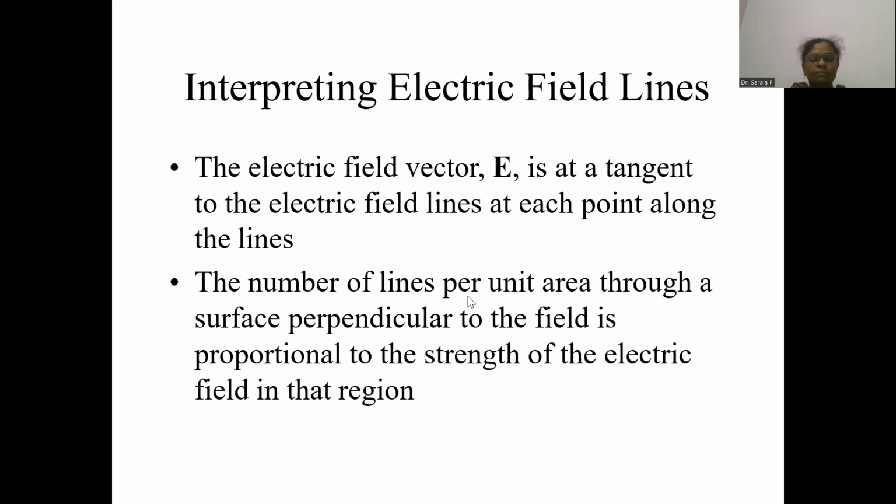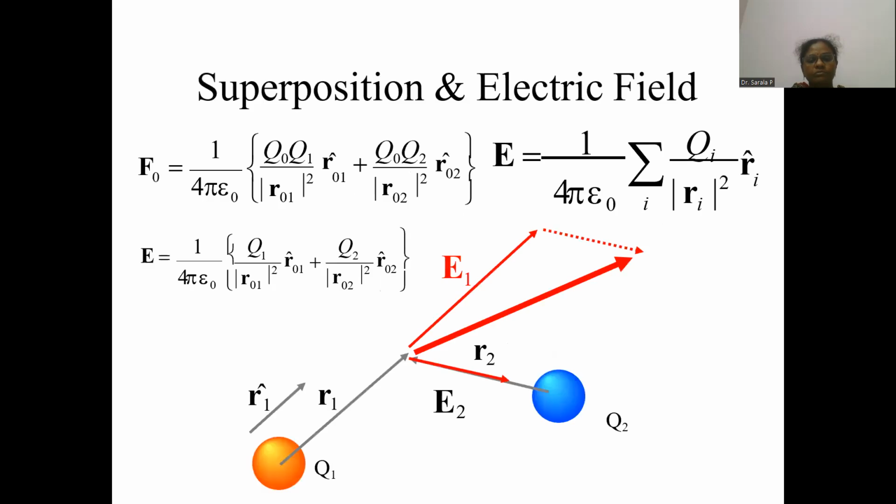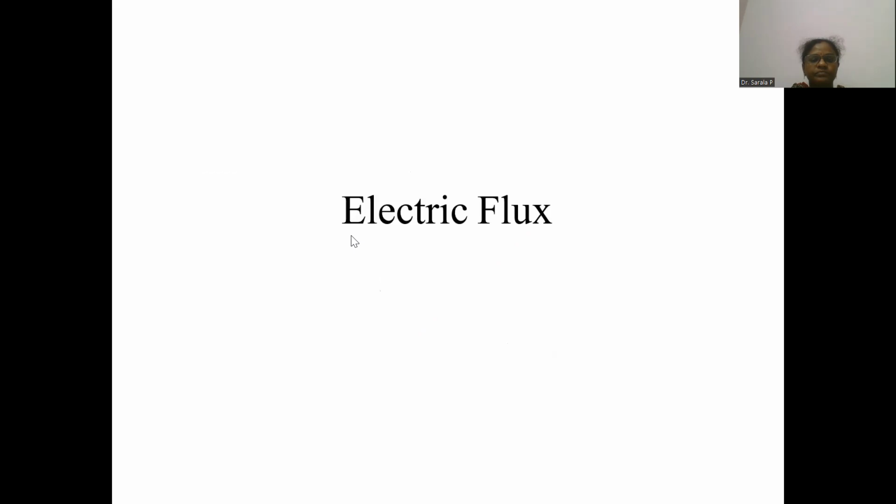The number of lines per unit area through a surface perpendicular to the field is proportional to the strength of the electric field in that region. Here also we are going to use the superposition theorem for the electric field. If we have more charges where the field is acting, then we are going to add the fields, like the forces we add.